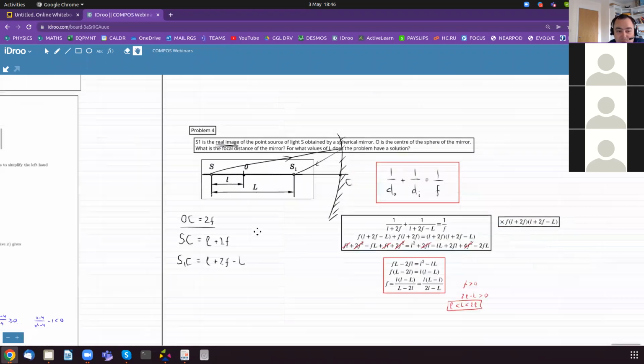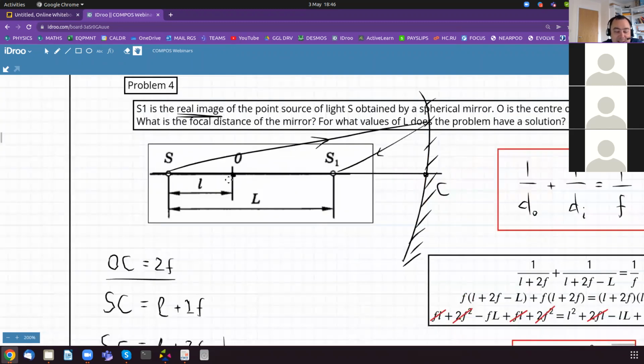What is your sort of cue to use this? Well, you're not given any objects and images. The object is a point source and the image is a point source, and they're both on the optical axis. So you can't really do any construction. Construction here is pretty much useless.